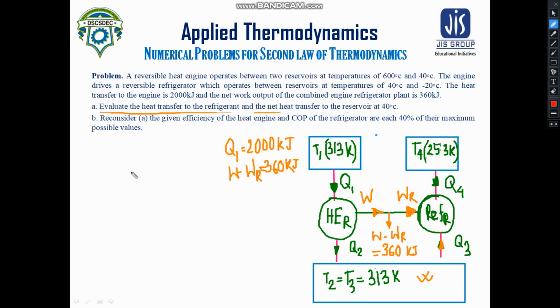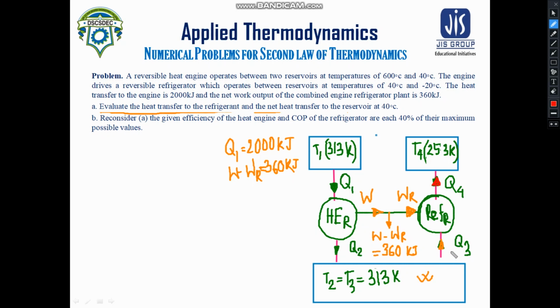Now we need to evaluate the net heat transfer to the refrigerant. Now what is the refrigerant and what do we need to calculate? Can you understand it? The net heat transfer to the refrigerant means, which one is your refrigerant here? This Q3.